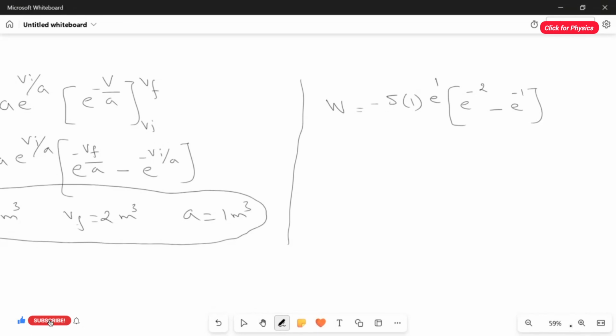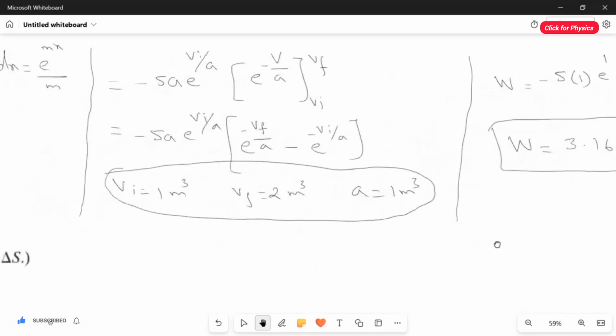If you use the calculator here, we will get the final answer for the part C, which is equal to, so let's see what answer I will get, minus 5 e power 1 bracket of e power minus 2 minus e power minus 1. I got the answer here as 3.16 joules. So this is the answer for part C.